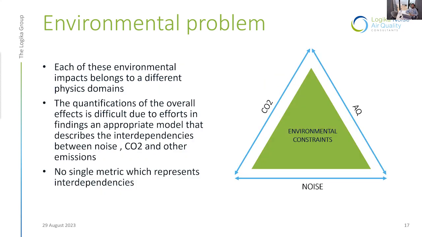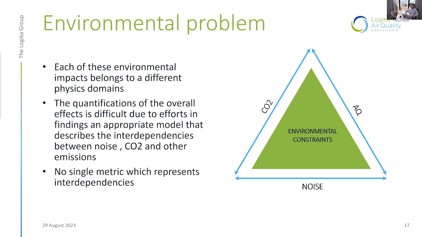The quantification of the overall environmental effects is difficult because there's no model that is able to describe at the same time CO2, air quality, and noise. And as well, there's no single metric that represents all the different metrics at the same time.